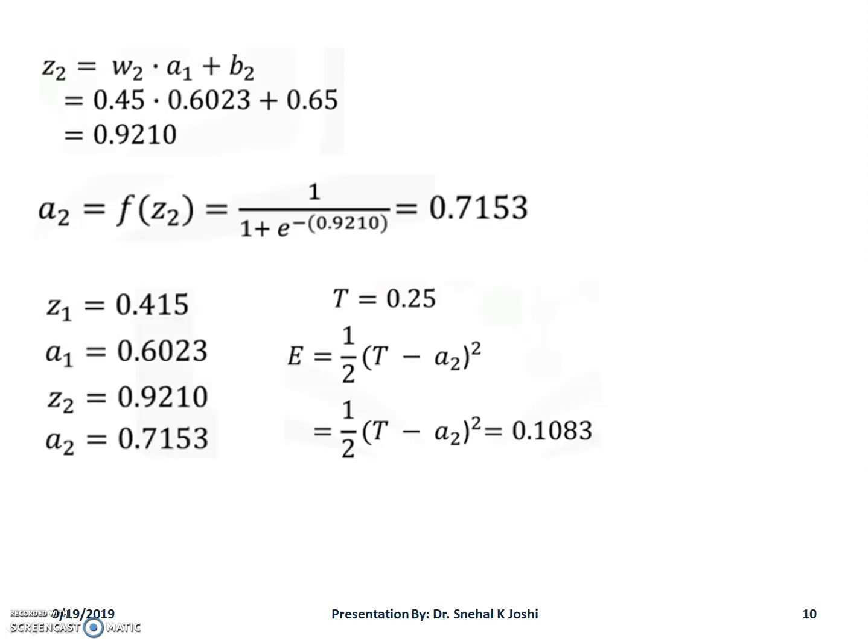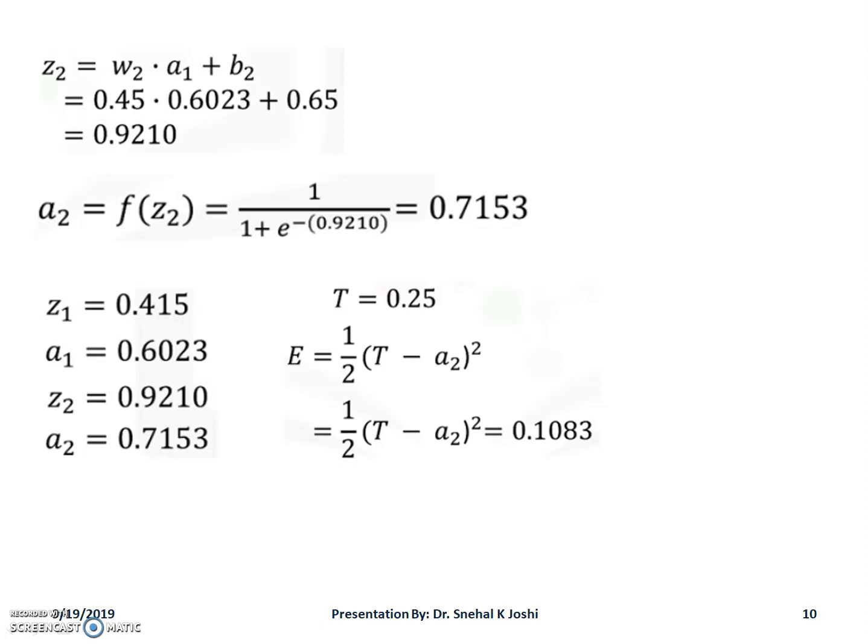So, using the ground truth value T and the value which we obtained for A2 as 0.7153, we can find the error, which is the difference between them. So, error E is the mean square of A2 and T, which is 0.1083.